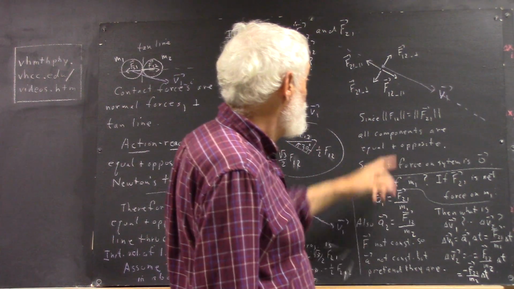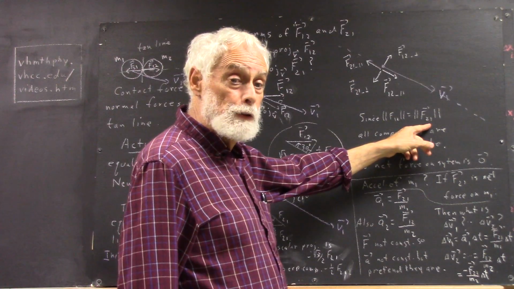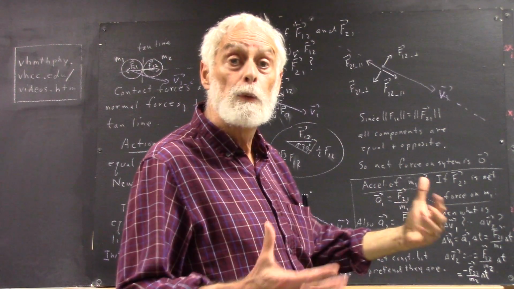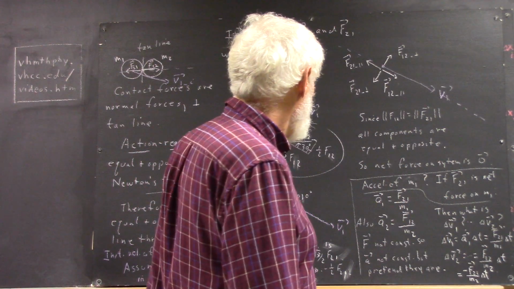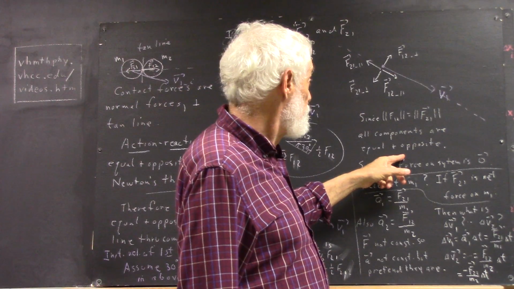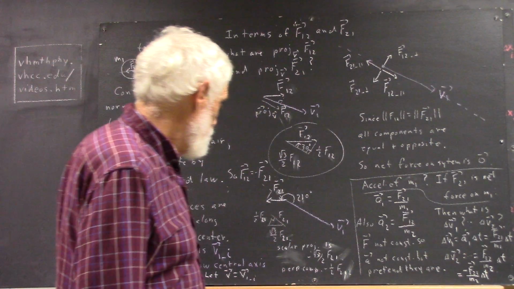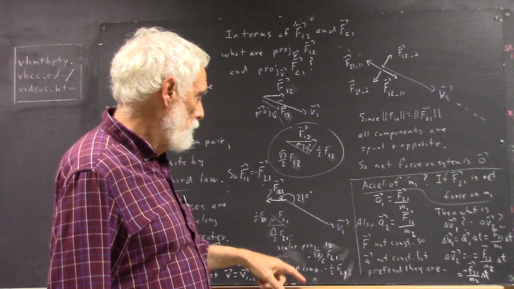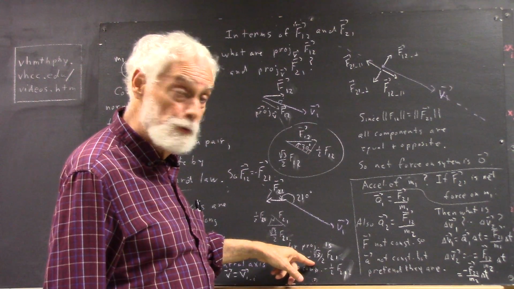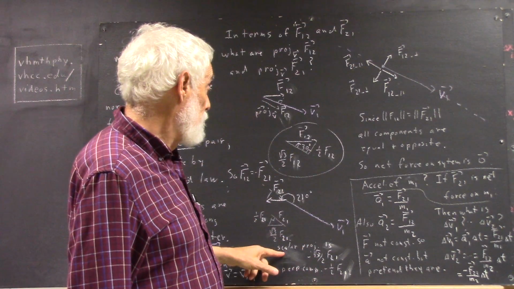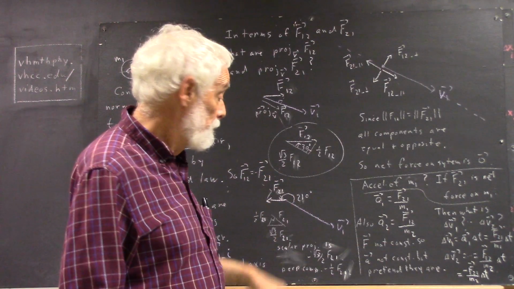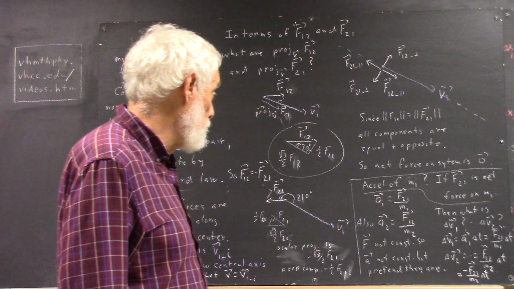Okay, since the magnitudes of F12 and F21 are equal, because they're equal and opposite forces, all the components are equal and opposite. Because why? Because we got a square root of 3 over 2 here, a negative square root of 3 over 2 here. Those two scalar projections are equal and opposite, so the vector projections will be equal and opposite.